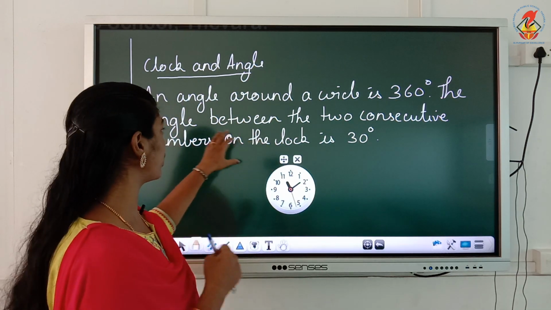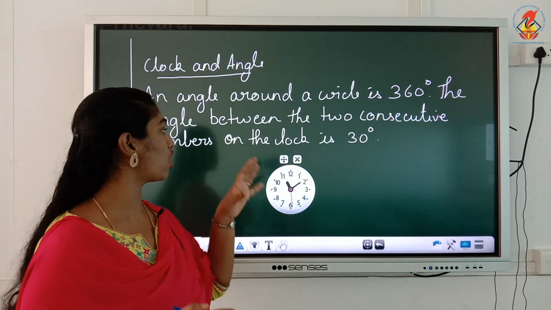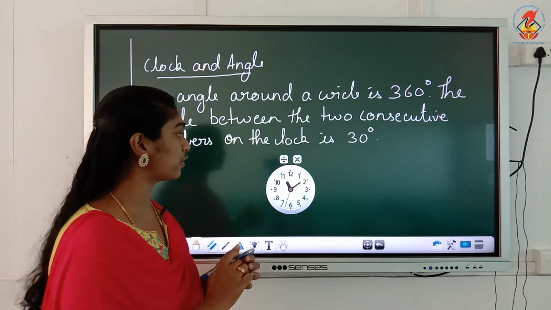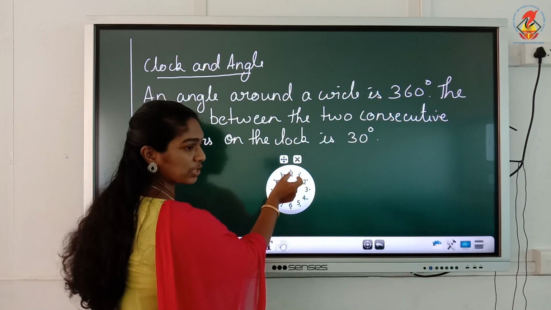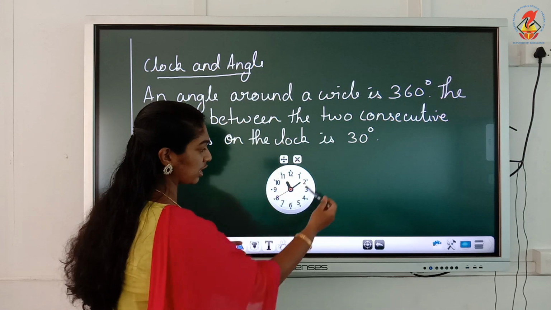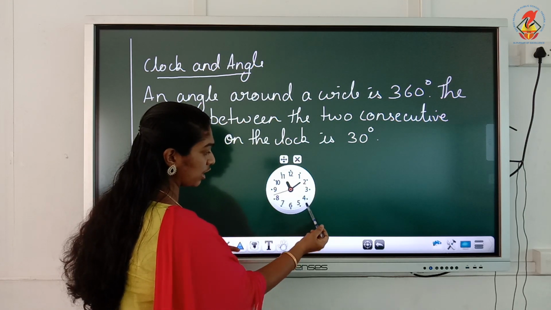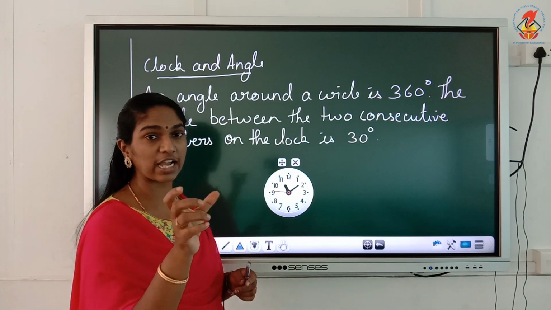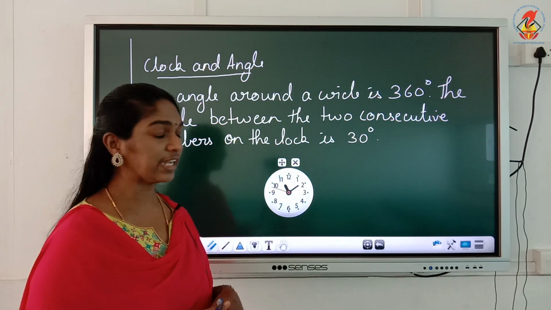That is what they are telling over here. The angle between the two consecutive numbers on the clock is 30 degree. Between 12 and 1, 30 degree, 1 and 2, 30 degree, 2 and 3, 30 degree, 3 and 4, 30 degree, 4 and 5, 30 degree. It goes on. So between the two numbers, the angle formed over there is 30 degree.